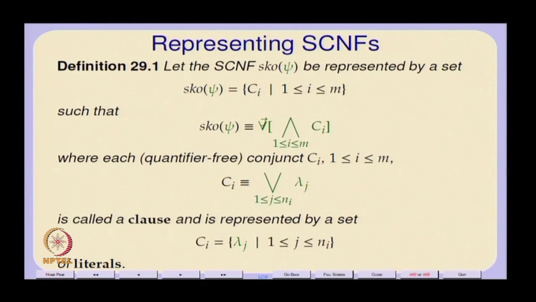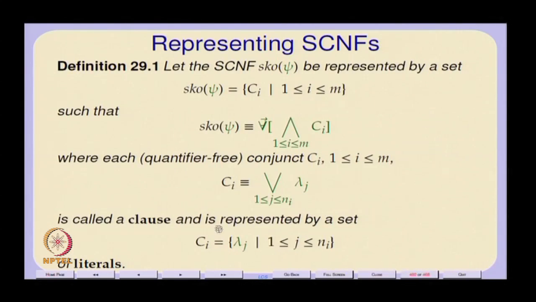Where of course each clause is to be regarded essentially as a disjunction of a collection of literals lambda j.